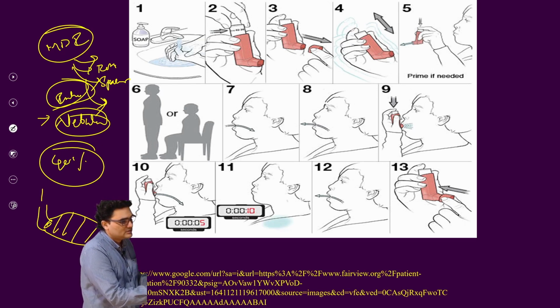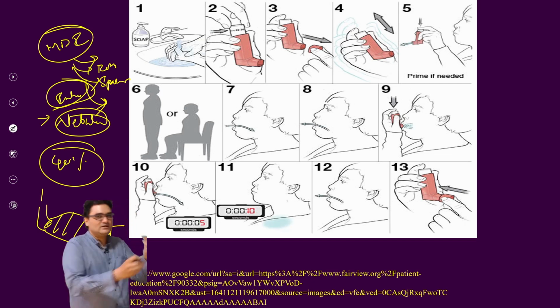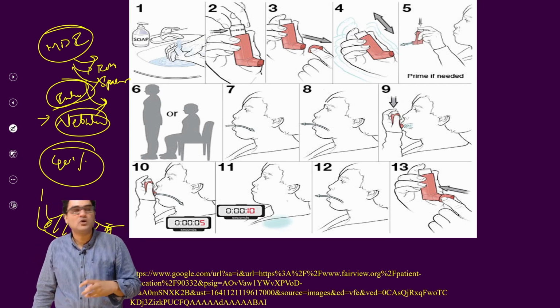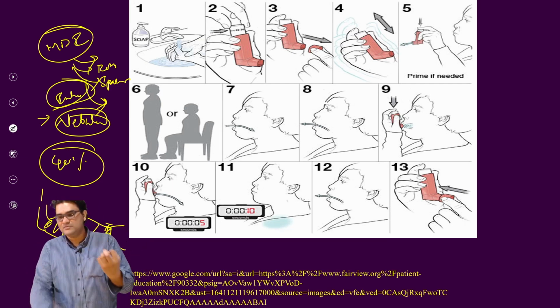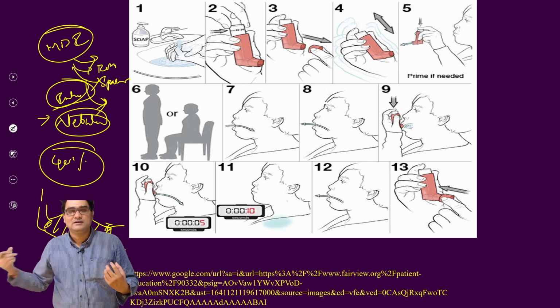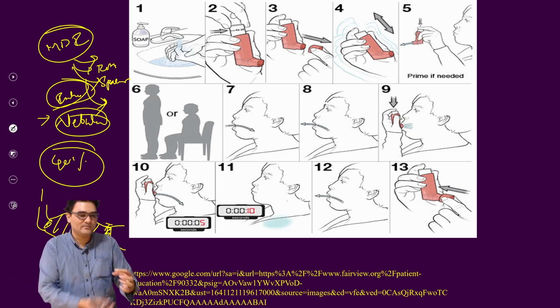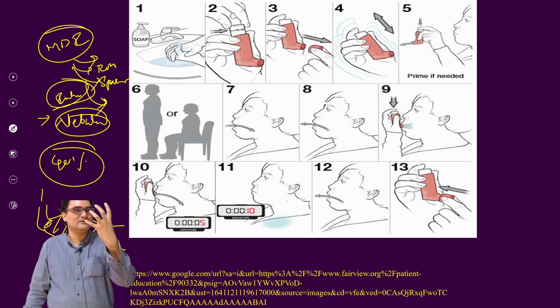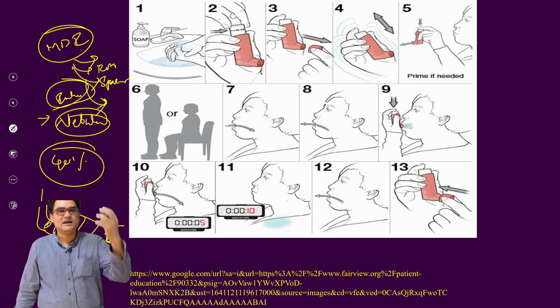The child can then breathe it in afterwards. This is a spacer. In a severe emergency condition where the patient is not able to do all this, we use a nebulizer. The drug comes in the form of an aerosol with steam or pressure, and there will be a mouthpiece so that the patient can inhale.